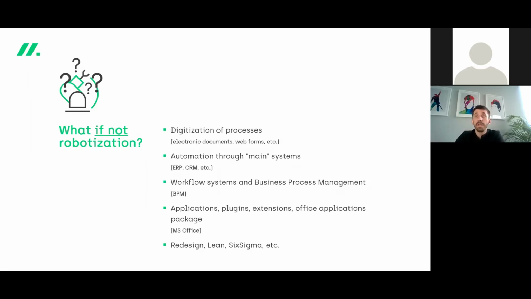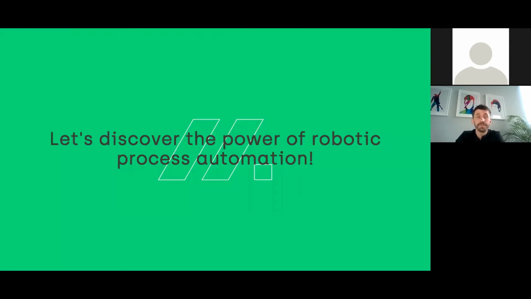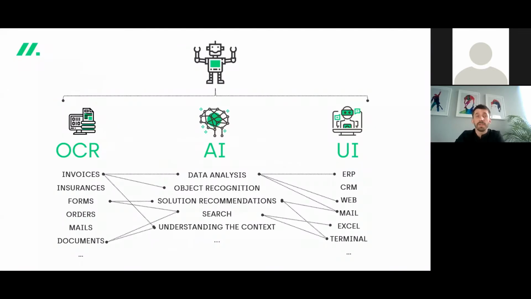And if with some particular process we are not able to use any of those techniques, then the process might be a good candidate for robotization. So now let's discover a little bit deeper the power of robotic process automation.